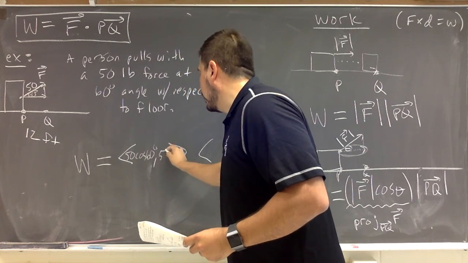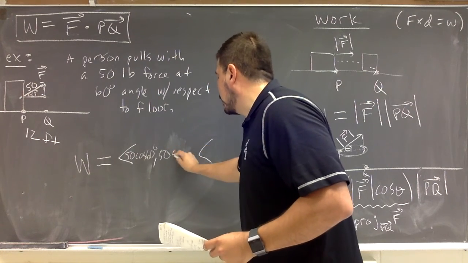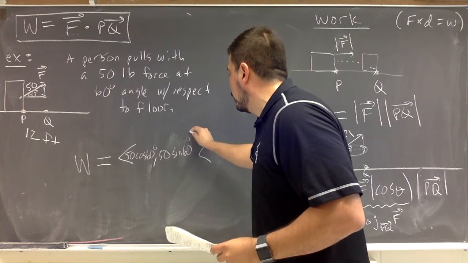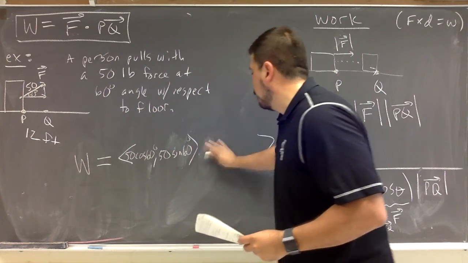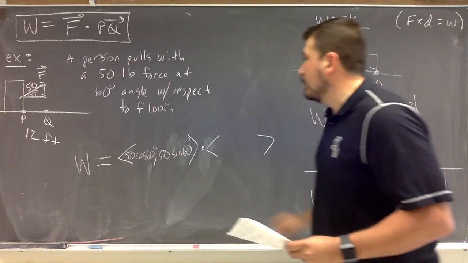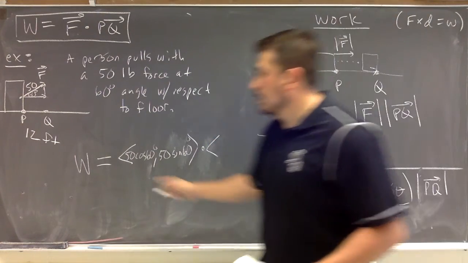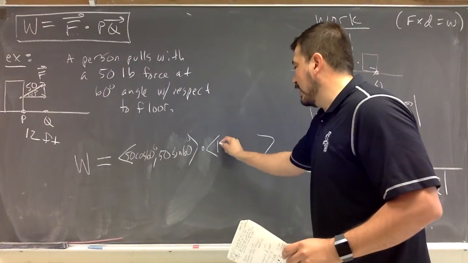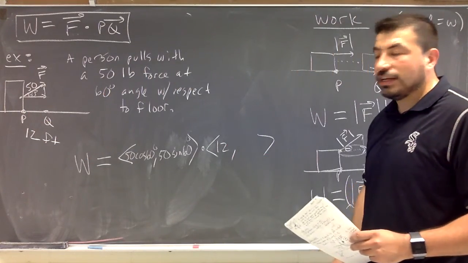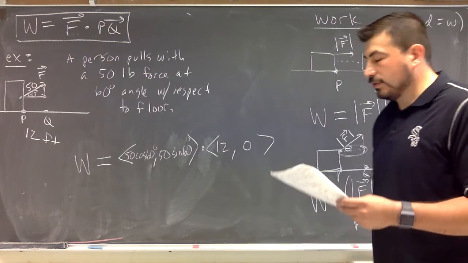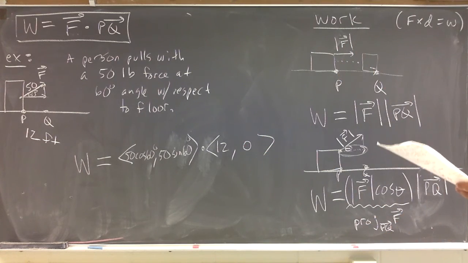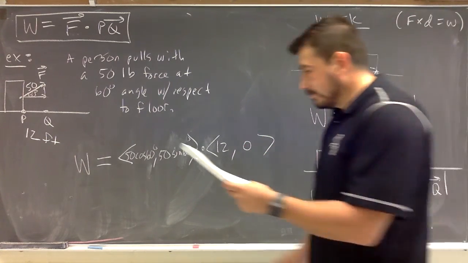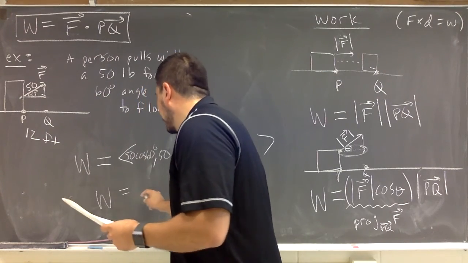This will be 50 times the sine of 60 degrees. And we're going to dot that with the distance vector from P to Q. Since we're moving 12 feet along the x direction, that x component's going to be 12. And there's no vertical movement there, so it's just going to be 12, 0. All right? And so calculate everything out.